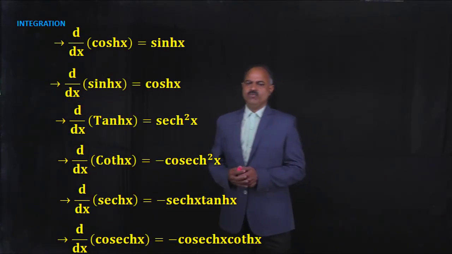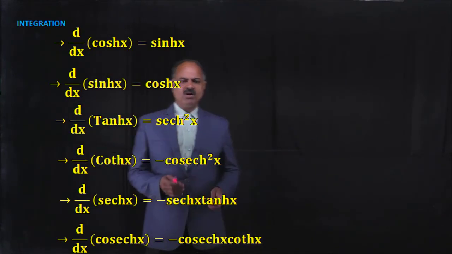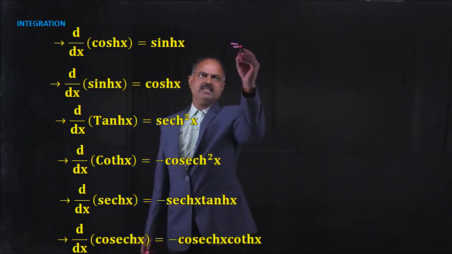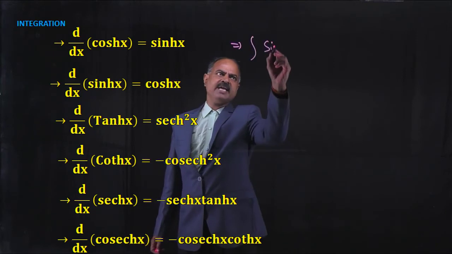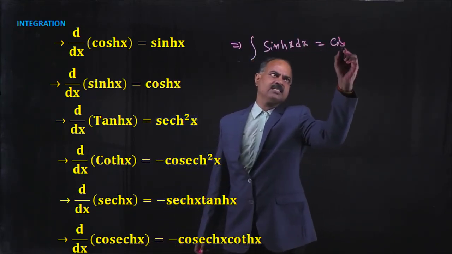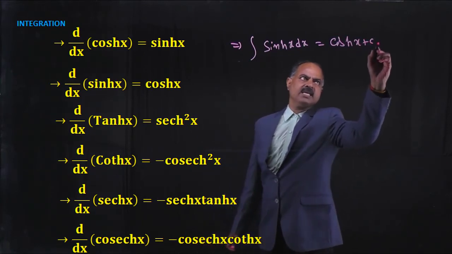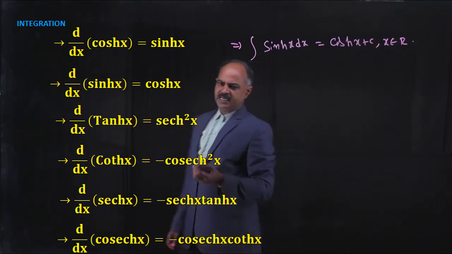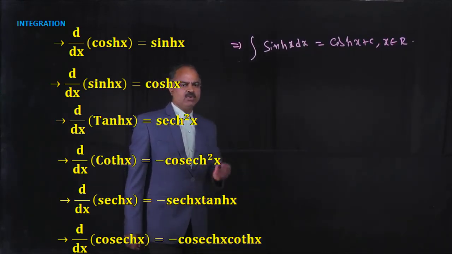Next, we know that d by dx of cos hx equal to sin hx. So here this implies integral sin hx dx equal to cos hx plus c, x belongs to R. We know that d by dx of sin hx equal to cos hx.